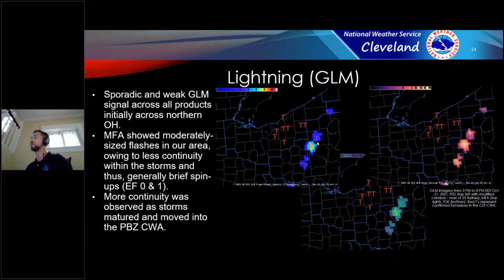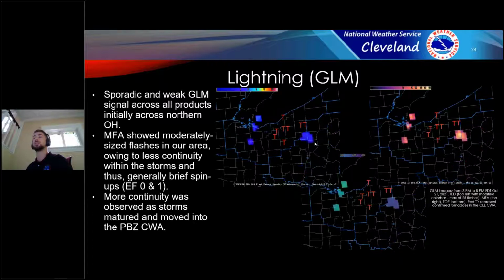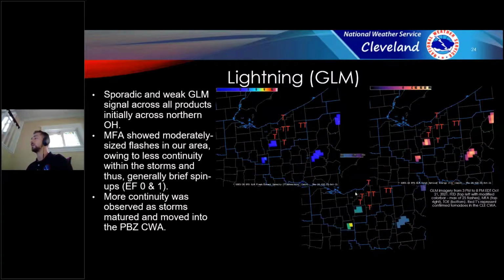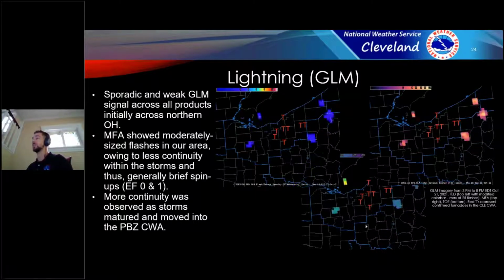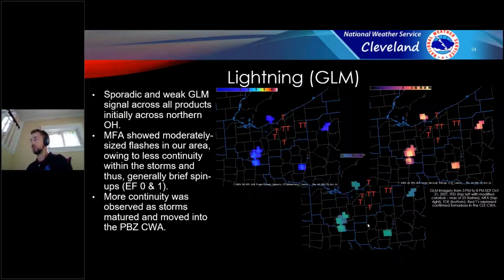There were a few more consistent signals in the GLM, both in the flash extent density and in the minimum flash area, which is shown on the bottom. It's worth noting that I do use in my procedures the flash extent density in addition to the minimum flash area.